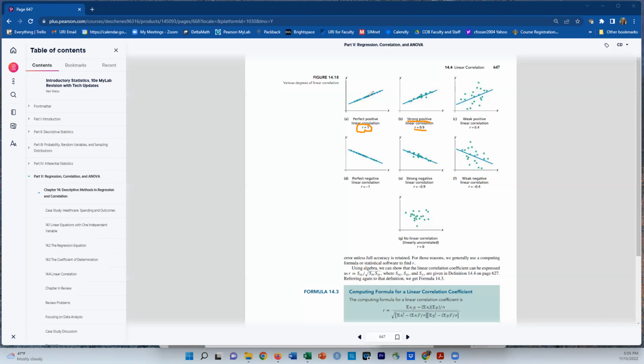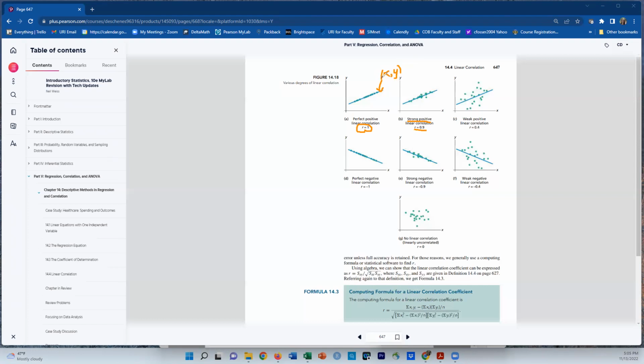So every point on this graph, and let me just point to one of them, any point on this graph is an XY pair. That means the X value represents one quantity and the Y value another quantity, and they're coming from the same individual item.